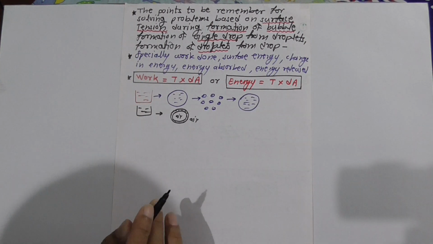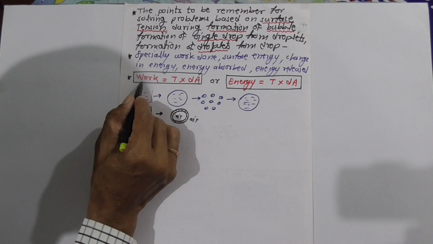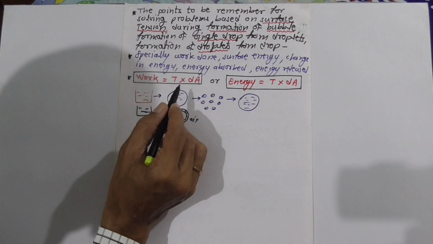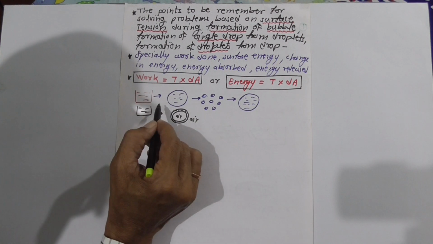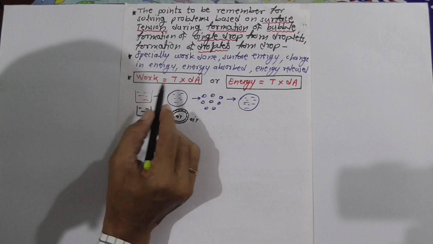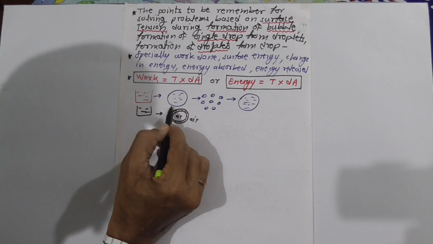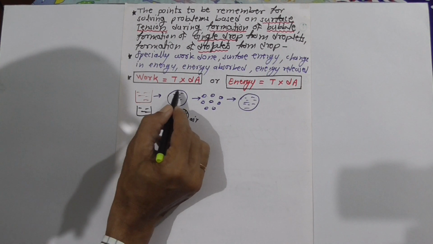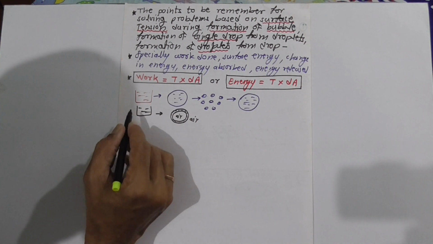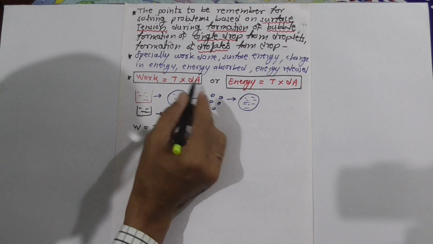So let me discuss all these points. You have to remember this expression. Whenever a single drop is produced from the water, the change in area is nothing but the final area of the single drop. When a single drop is produced from the water, the work done W is equal to T into change in area.